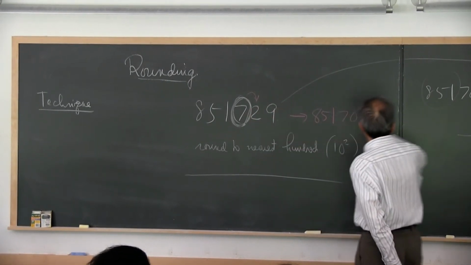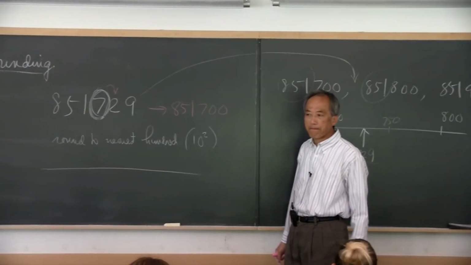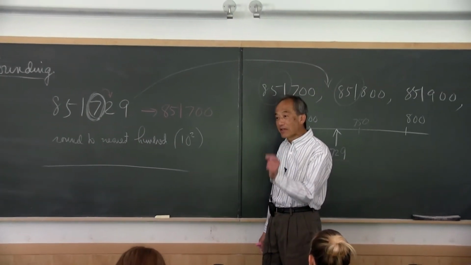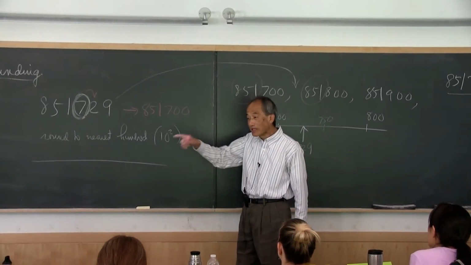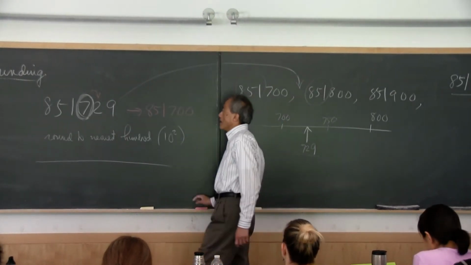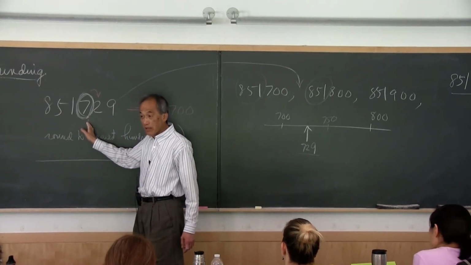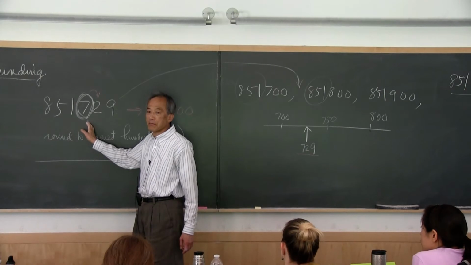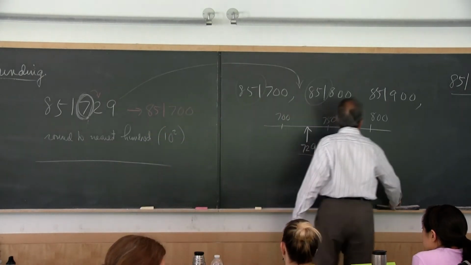So in this case, it's 7. And if it's 5 and above, round up. And the way it's rounding up is what? Then you increase this digit by 1. In this case, well, so let's imagine a scenario.